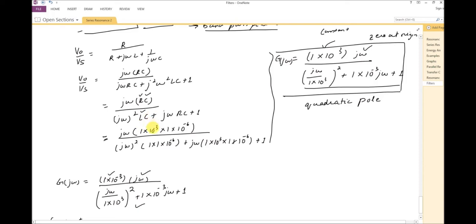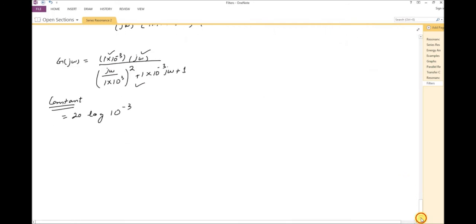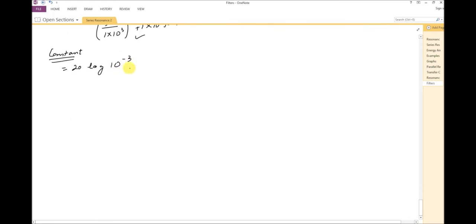The value here is minus 3, so now this minus 3 will come before log and it will become minus 60 log 10. This is equal to 1. So for the constant, the gain value will be minus 60 dB, right?